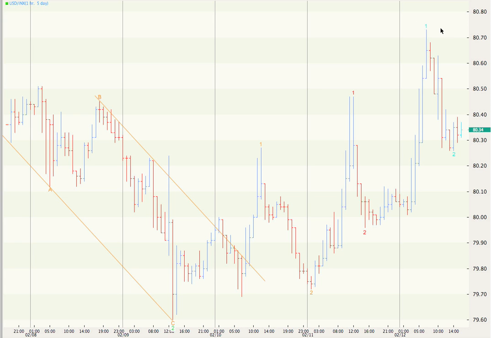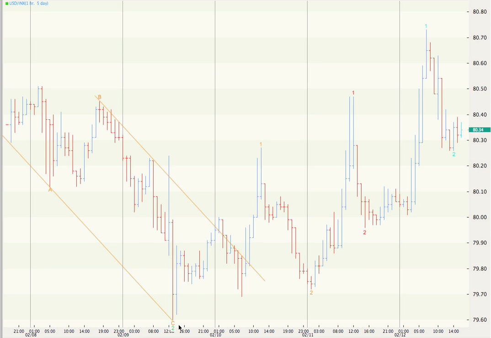For that reason also, if this is indeed the beginning of an extension, I'm going to give a longer target for this third wave green. I had a target for wave 3 green to have price equality with wave 1. Now I'm thinking it's more likely it will be 1.618 of wave 1 or thereabouts, around about 82.74, give or take a bit.